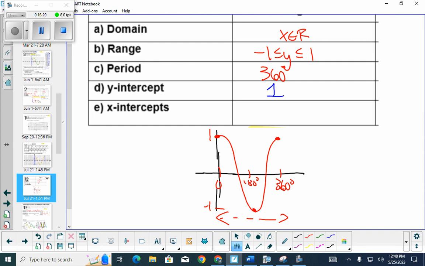It's at 1. Sine was at 0, cos is at 1. Okay, x-intercepts. Okay, so these are our x-intercepts right here. So, what is halfway between 0 and 180? 90. What's halfway between 180 and 360? So those are your x-intercepts.